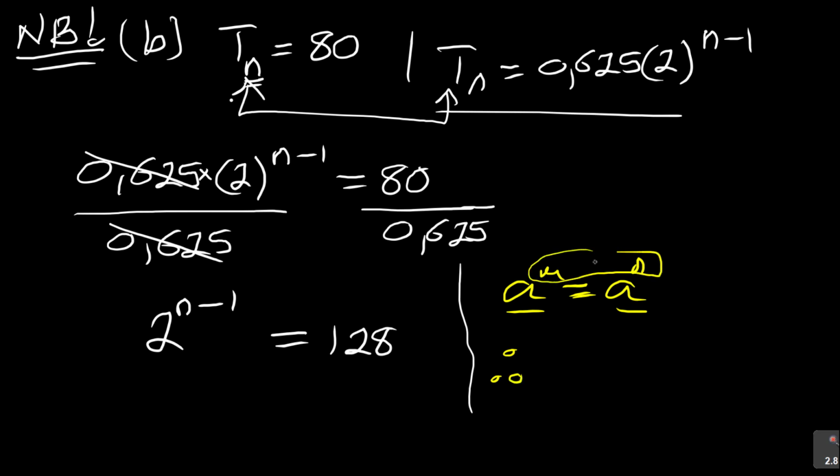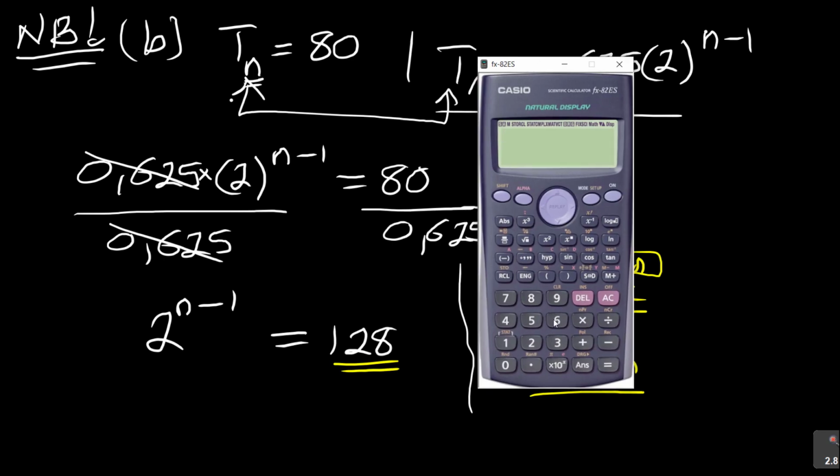These exponents are also equal. m is equal to n, meaning try to express 128 in terms of exponents. I think you can express 128 in terms of exponents. Am I right? 2 to the power 6 is 64. 2 to the power of 7 is 128. You see that now?